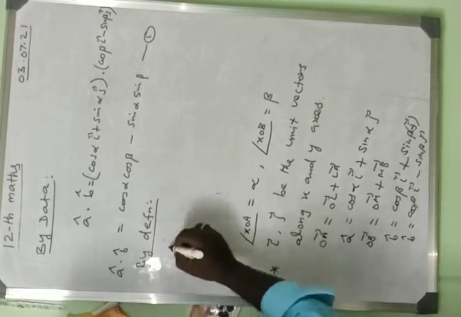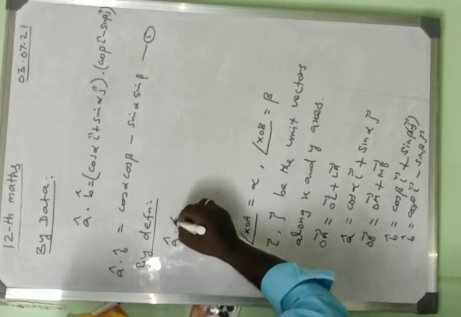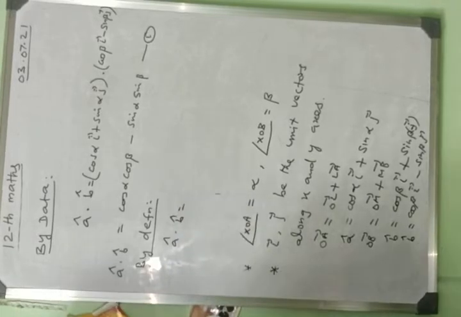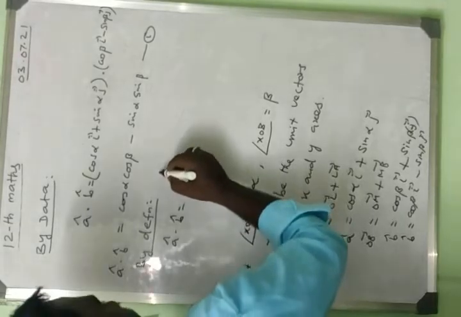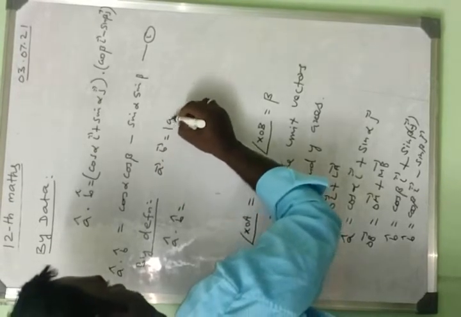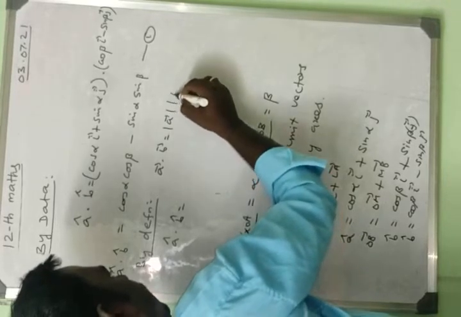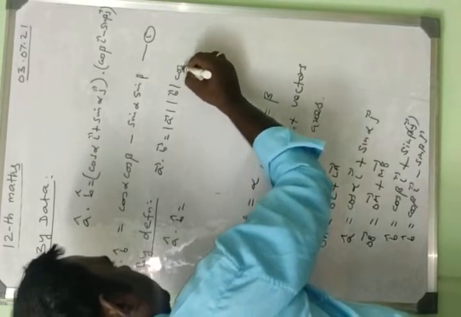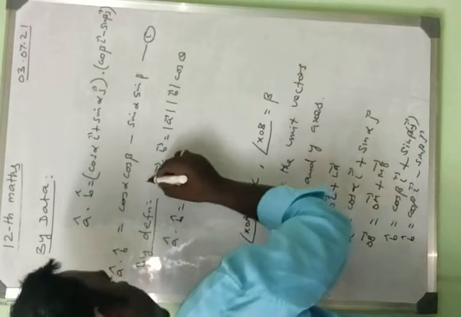Next, by definition, we want cap A dot cap B. You already know the formula: vector A dot vector B equals mod of vector A, mod of vector B, cos theta.